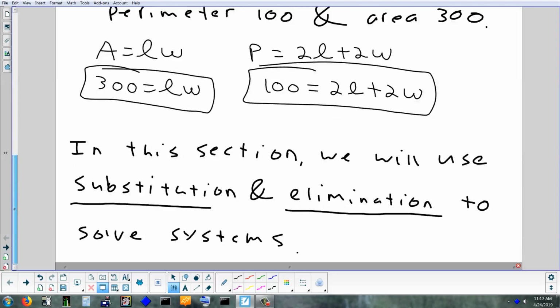Right? So here we're going to look at substitution and elimination. Okay, I don't mind substitution when there's really just 2 variables, but when you start getting into like 3 or 4 variables, substitution gets kind of annoying. But we'll practice a little bit.